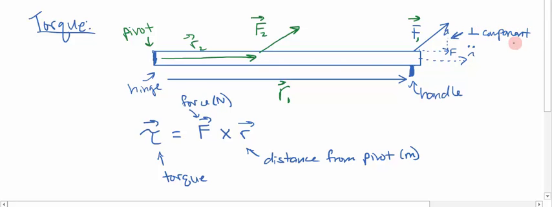Okay, so this component of the force that's perpendicular to this line that connects the pivot to where the force is being applied is going to be the important part right here, this perpendicular component.